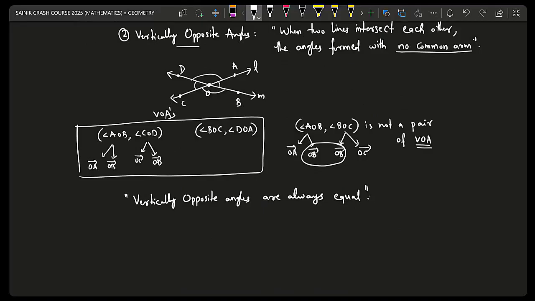So what can we say from the figure? Therefore, from the figure, angle AOB is always equal to angle COD, and also angle BOC is always equal to angle DOA. So remember this property, very, very important in solving variables given in the angle figures. So what is this property? Vertically opposite angles are always equal.